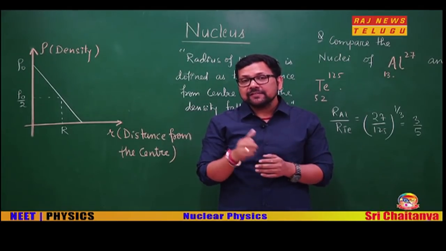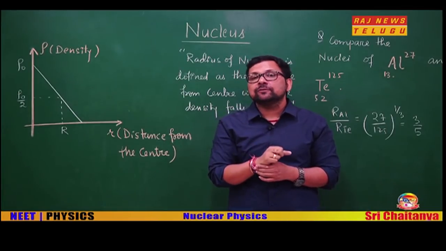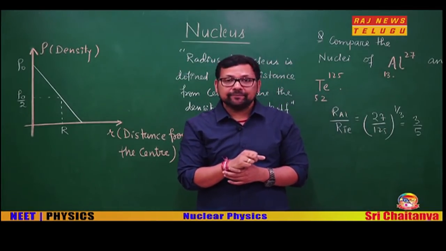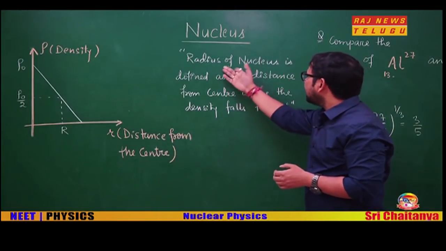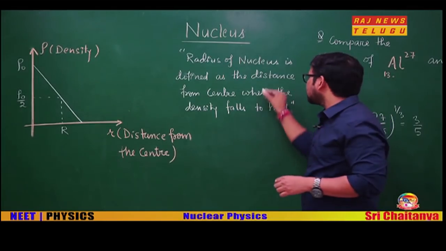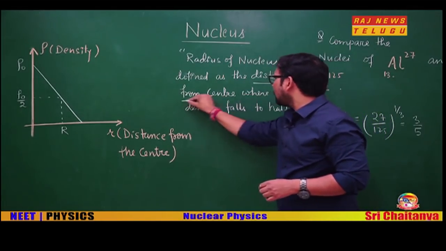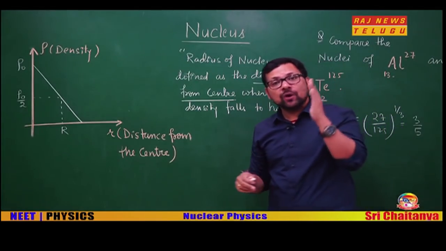On that basis, nuclear density basis, the radius of the nucleus is being decided, and we will see the definition. Radius of nucleus is defined as the distance from the center where the density falls to half.